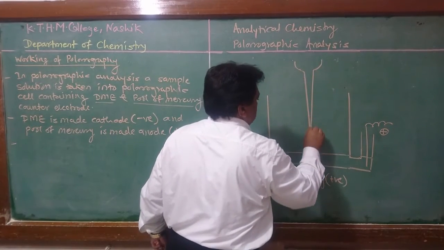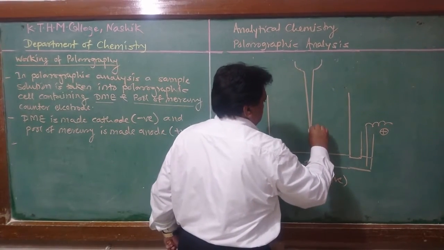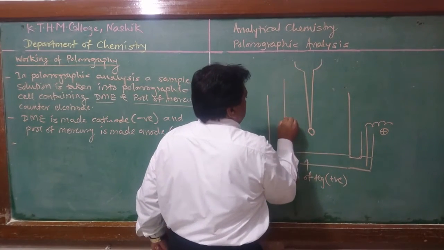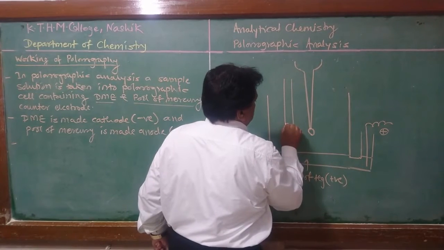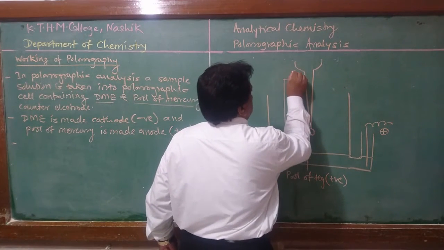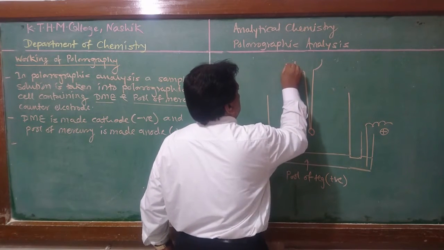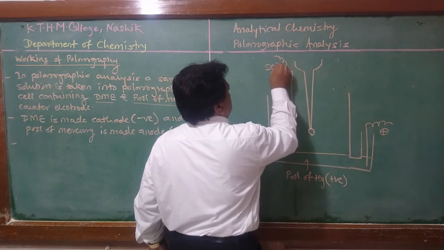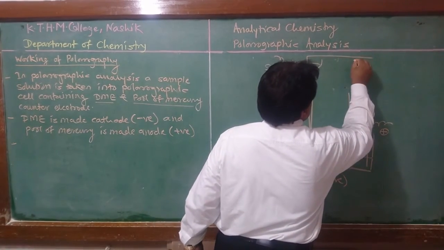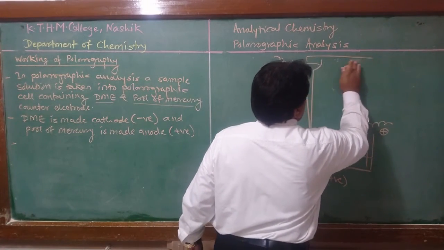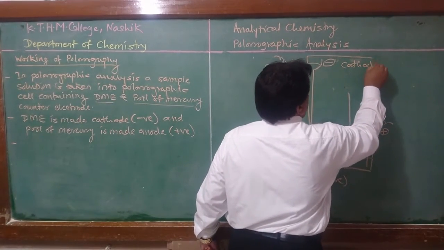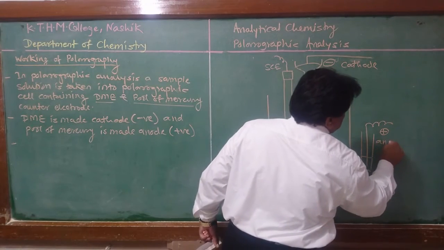We can simplify these in this fashion. There is again a reference electrode, if required, to control the potential of this dropping mercury electrode, and this is a saturated cadmium electrode. This DME is attached to the negative terminal and therefore acts as a cathode. This is the anode.